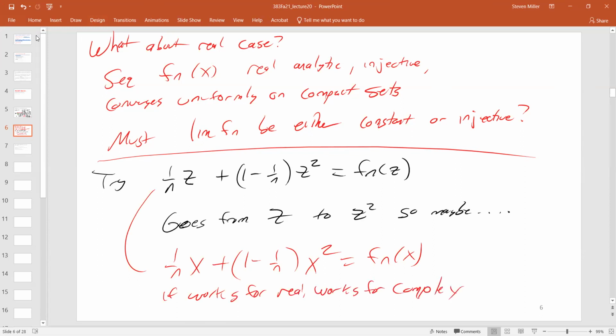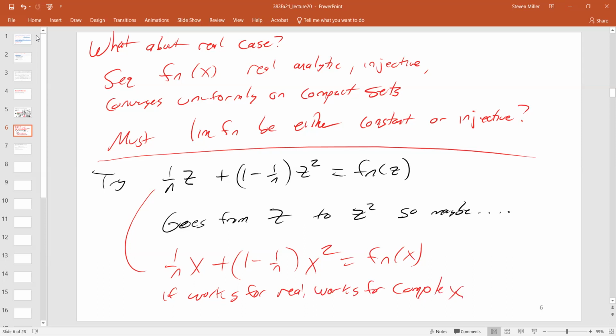And this is why I really wanted to spend the time talking about examples like this. There's no way I should be searching through something like this, because my function is holomorphic, so it's not going to work. So when you're trying to find your counterexample, this guides you on where to look.